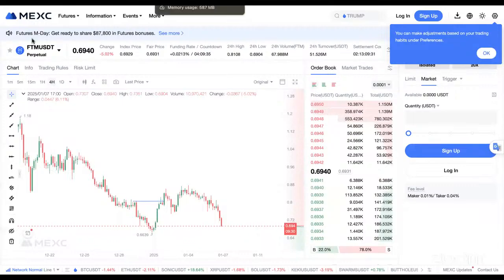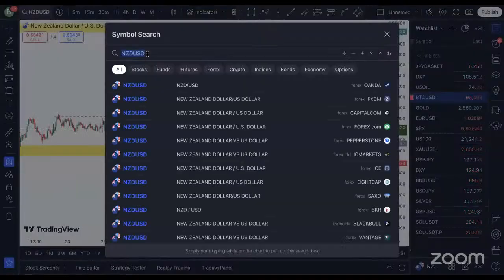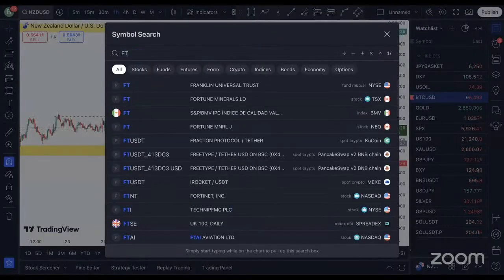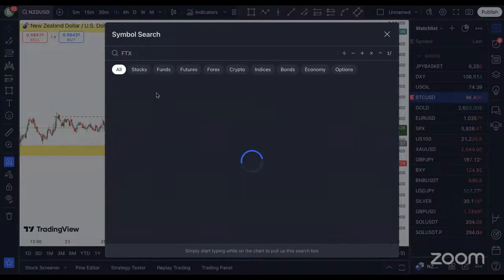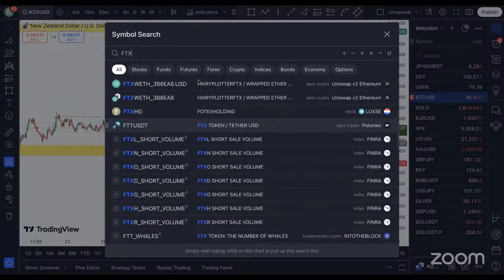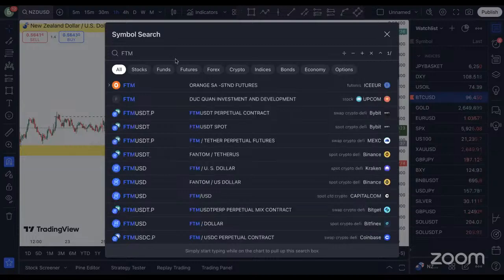On here, let me do analysis. Shorting or longing depends on what kind of trader you are. Is it FTX? FTM.